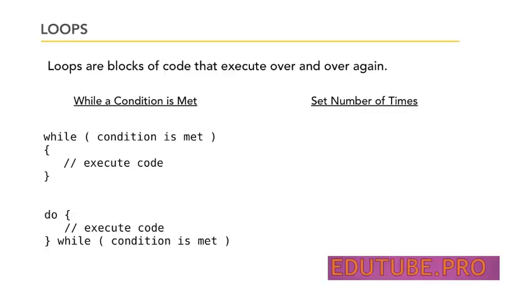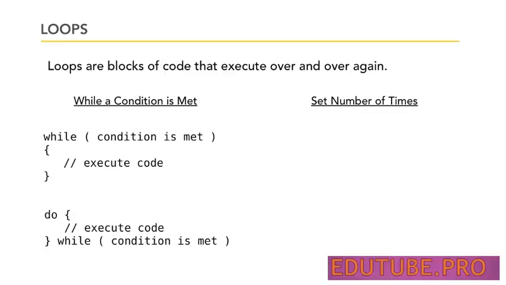And that's because it executes once, then the while is executed at the end of the loop to see if things should keep going. So in the case where you want to have a loop that runs only while a condition is met and no other times, use the while loop. If you have a condition where you want to execute some code just one time and then check to see if you should keep going, that's the do while loop.